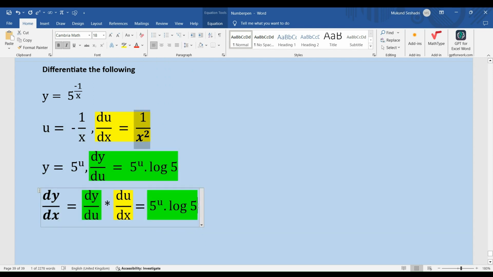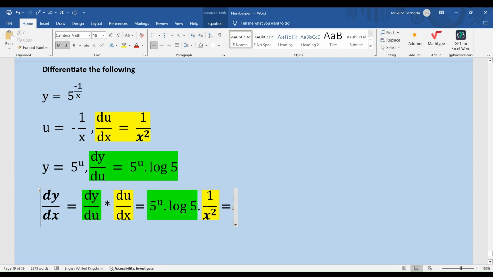So I have 5 to the power u log 5 into 1 by x square, and my final answer has to be in terms of x. So what is that substitution I will have to do? I'll have to go back and replace my u as minus 1 by x.